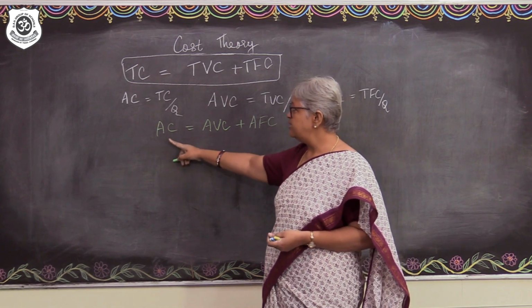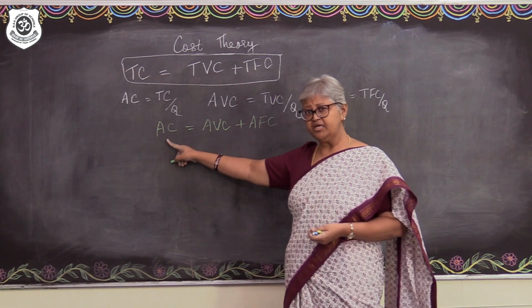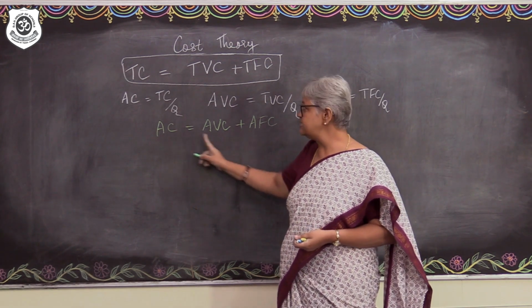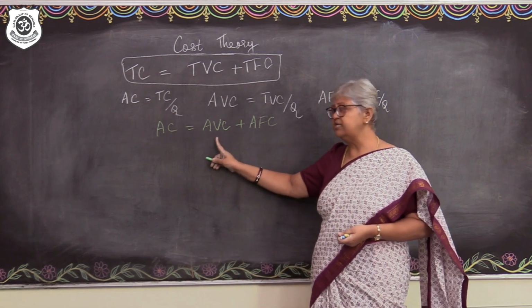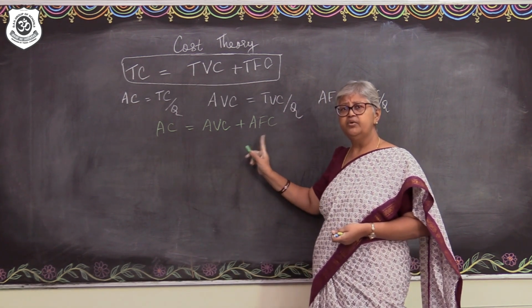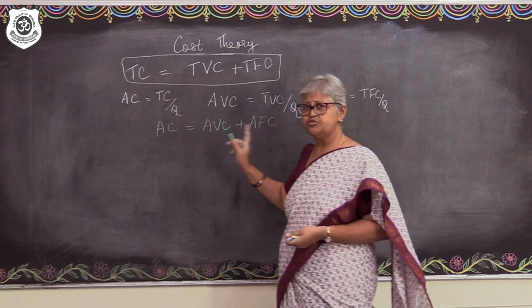Let me repeat. The per unit cost of production can be understood as the per unit variable cost plus the per unit fixed cost of production.